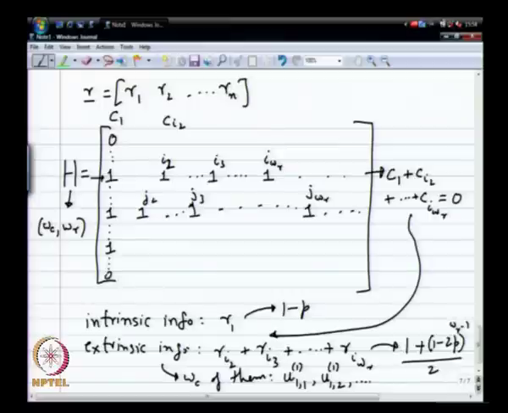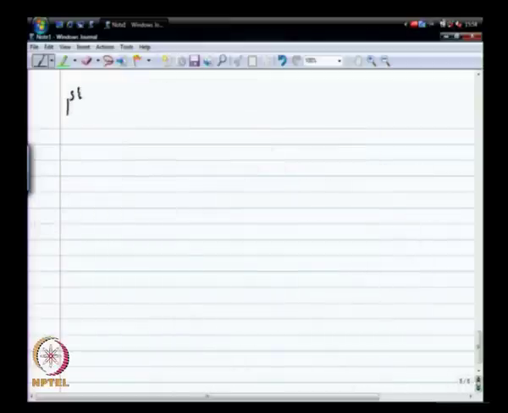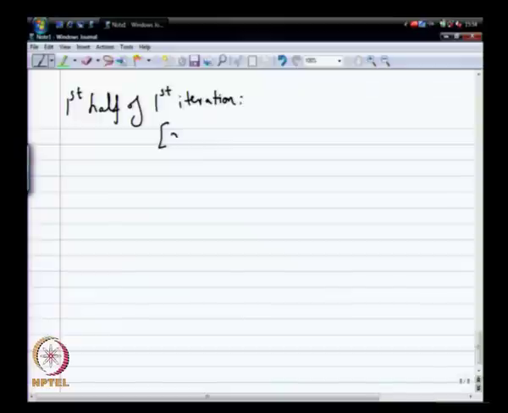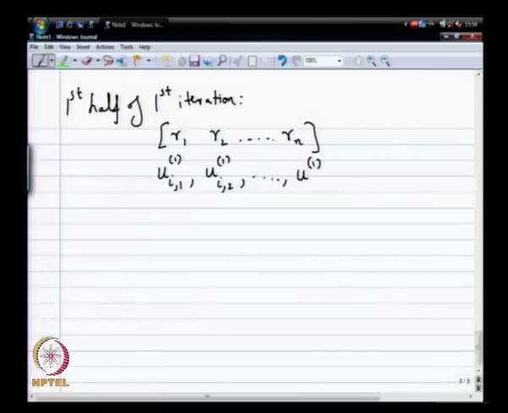So at the end of the first half of the first iteration, of course you have the intrinsic estimates R1, R2, up to Rn, and then you also have all these extrinsic estimates: U1,1, U1,2, all the way to U1,WC, for i from 1 to n.